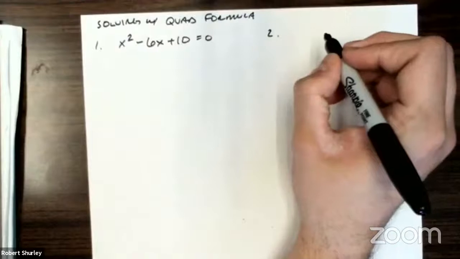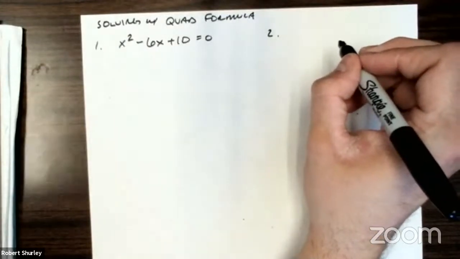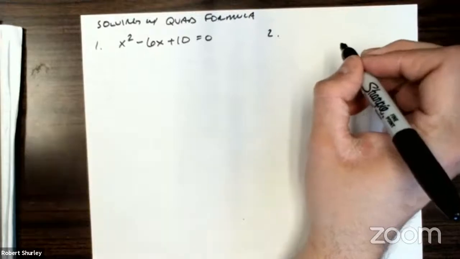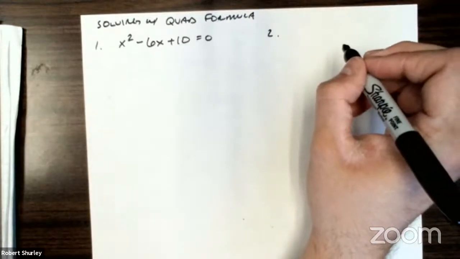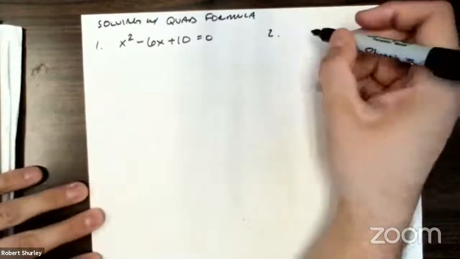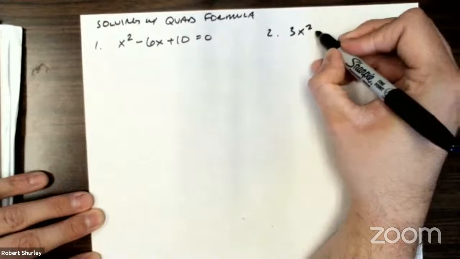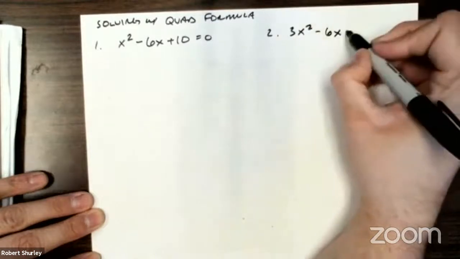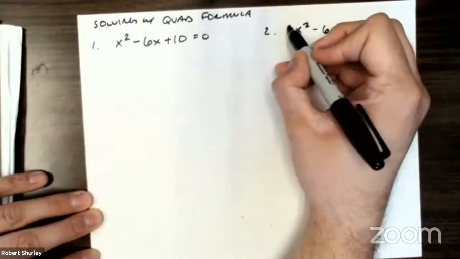Number 2, let me steal one here: 3x squared minus 6x plus 1. Okay, try those two. So try the quadratic formula on these.